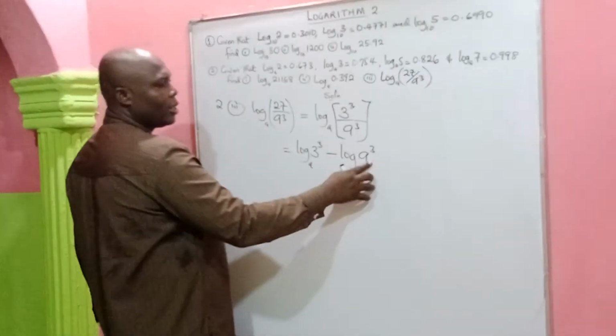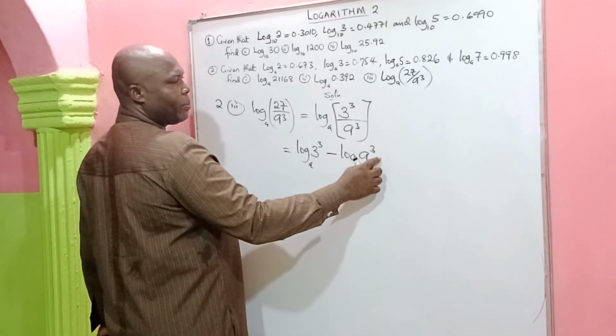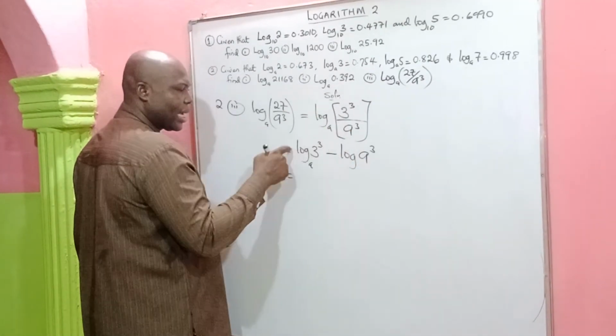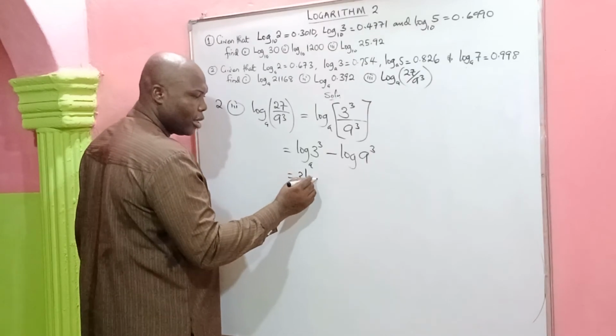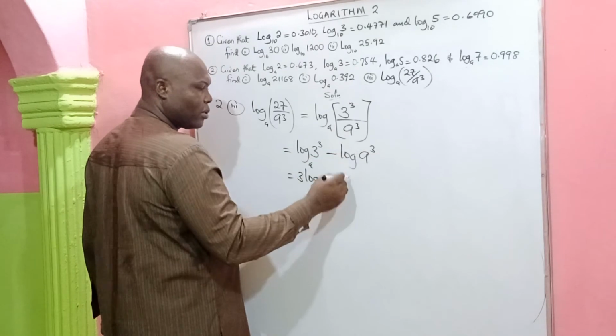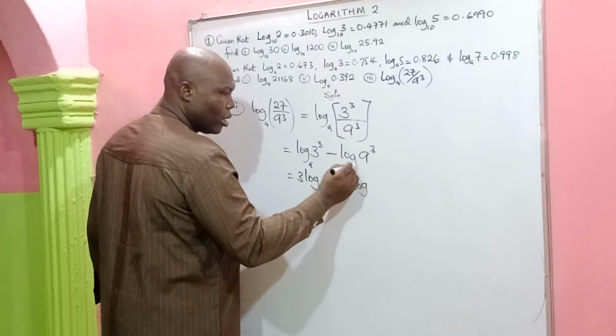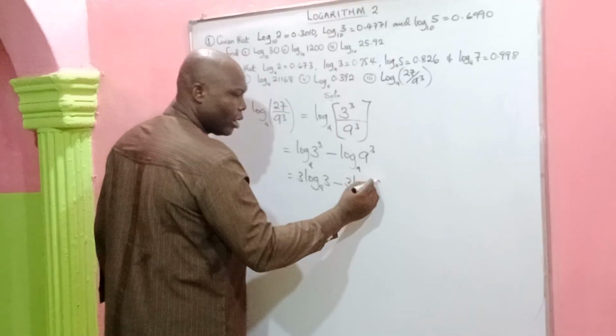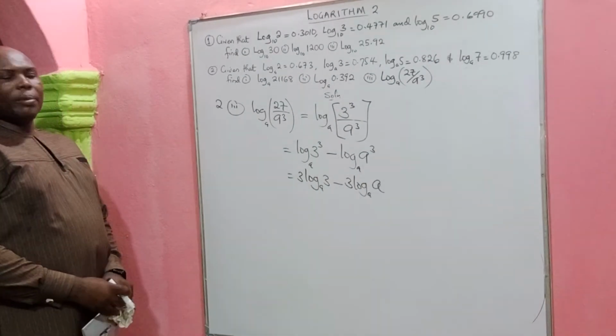So that 3 can come forward. That will be 3 log A of 3 minus 3 log A of A. We are still dealing with the base of A.